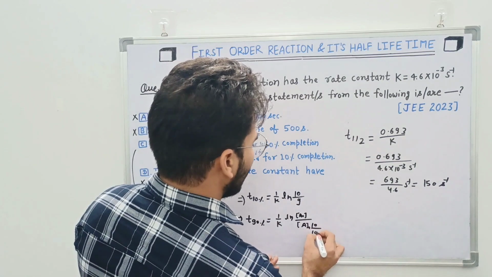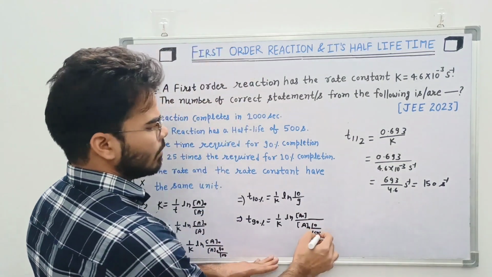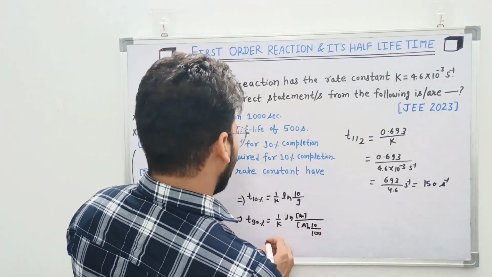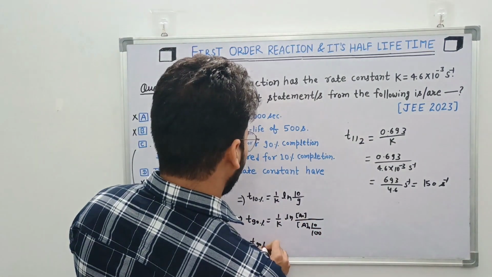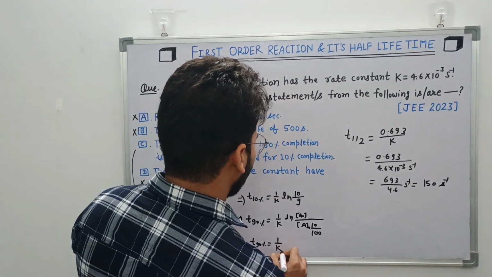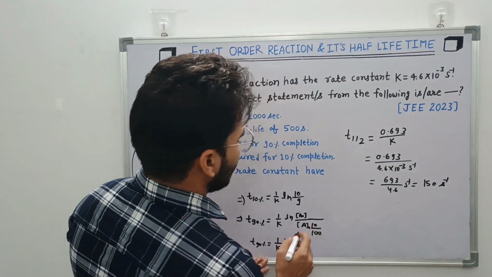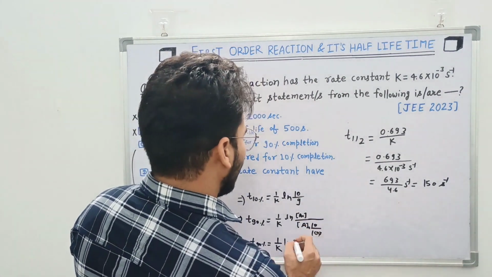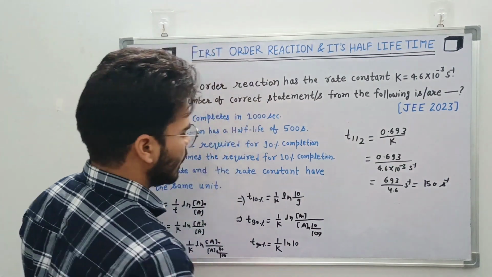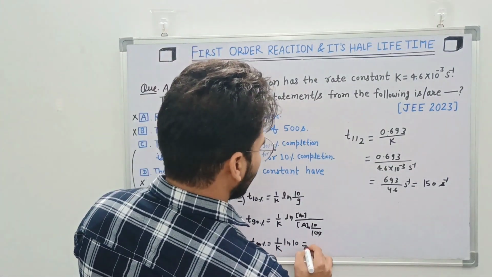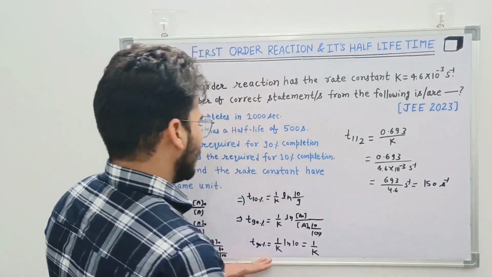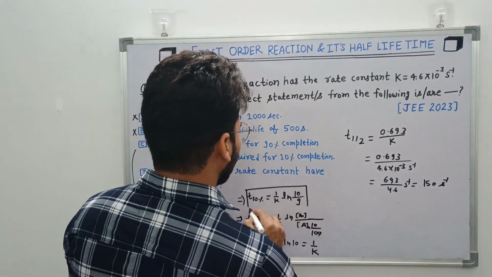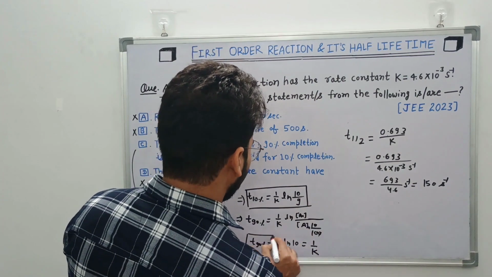This will be A0 10 upon 100. When we solve this, we get T 90% is equal to 1 upon K ln, this A0 will be cancelled by this and we get ln 10. And we know that the value of ln 10 is 1. So this will be 1 upon K. This is T 10% and this is T 90%.